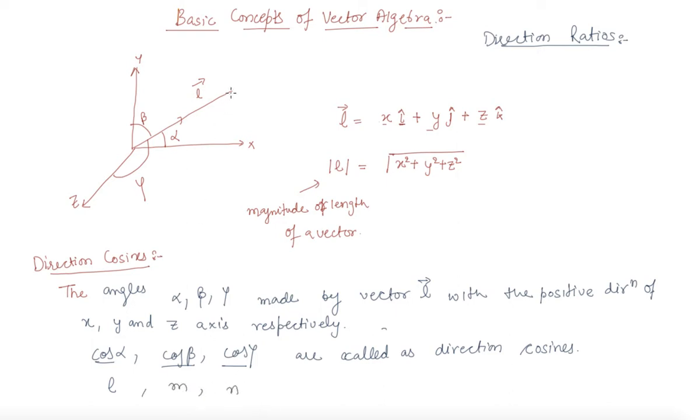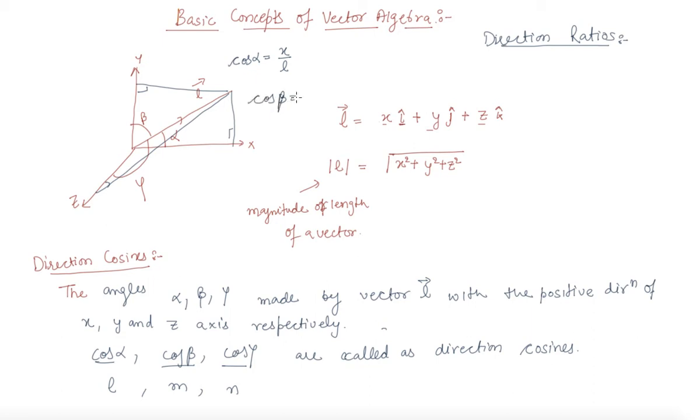Okay, so if I make a 90-degree angle here, and if you drop a 90-degree from this point, let's say this is 90-degree, so cos alpha will be x by L, where L is the length of the vector.